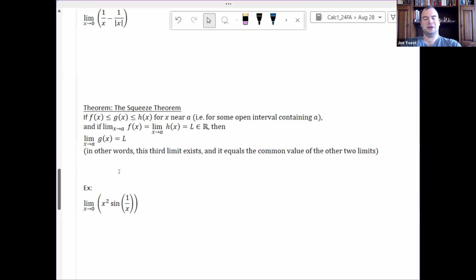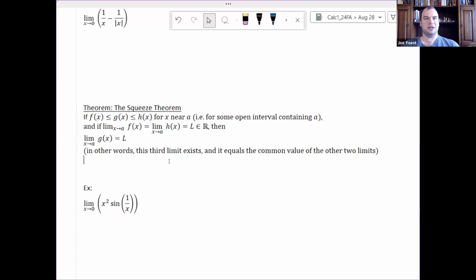Another theorem that we can use in some cases is called the squeeze theorem. It's a little bit less of a hugely important tool for finding limits like these, but there are cases throughout the Calc 1 through 3 course sequence where this idea is going to come in super handy.